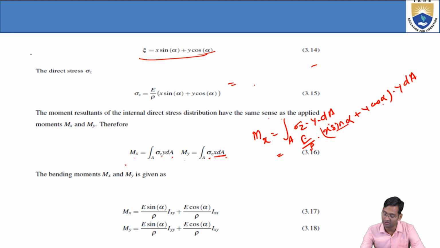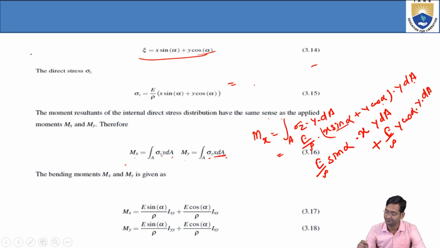So first multiply this out: E by rho sine alpha into x y dA, plus E by rho cos alpha into y squared dA. Now integrate over the entire area A, separating the integral. E by rho sine alpha is constant, so it comes out of the integral.